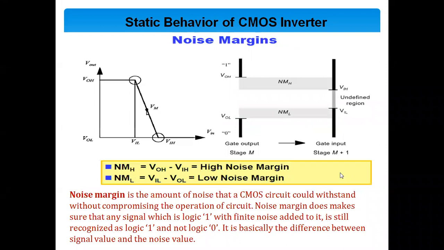The third point that we should study to analyze the static behavior of the CMOS inverter is noise margin. Now, what is noise margin? First we have to understand the definition.